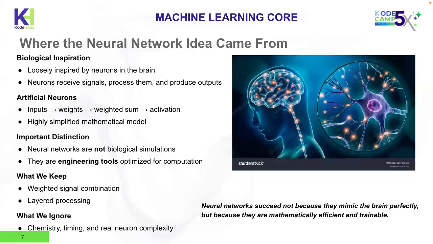Because if it was too complex, there wasn't enough computational power in those days to do a complex model. It was never going to compete against existing models, some of which we've talked about, including decision trees, support vector machines, and linear and logistic regression models. Those models also existed then.